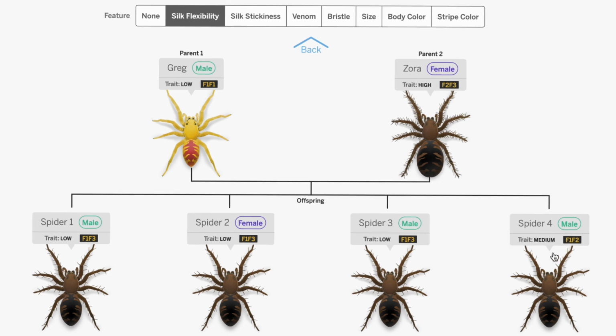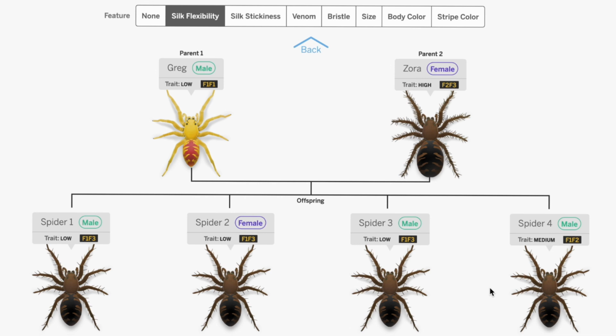So F2 in Spider 4 is the dominant trait, while F1 is the recessive. F1 is the trait for low silk flexibility, F2 is the trait for medium. So Spider 4 has the trait for medium silk flexibility instead of low silk flexibility like all of its siblings, due to gene variation and its different gene combination.